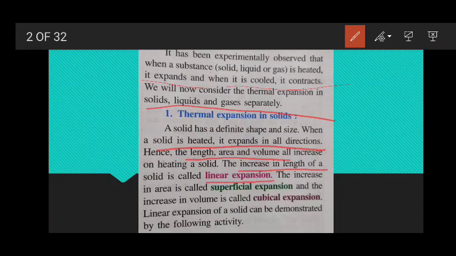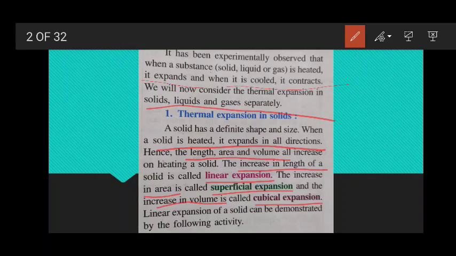And the increase in area is called superficial expansion, and the increase in volume is called cubical expansion. Clear? So once again, the increase in length of a solid due to heating is called linear expansion. Very good. The increase in area is superficial expansion, and the increase in volume is cubical expansion.